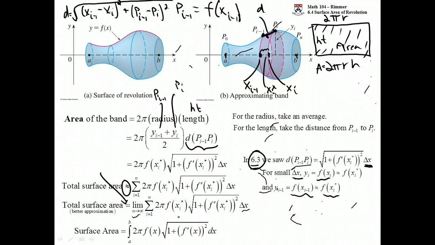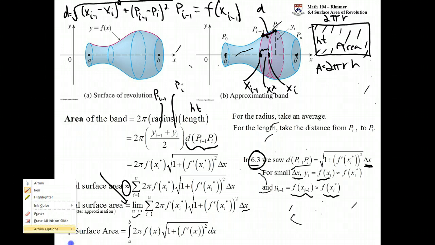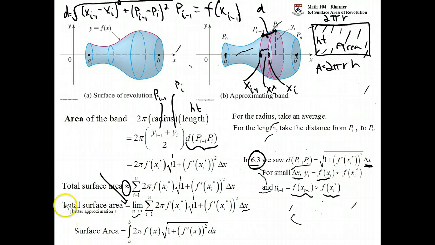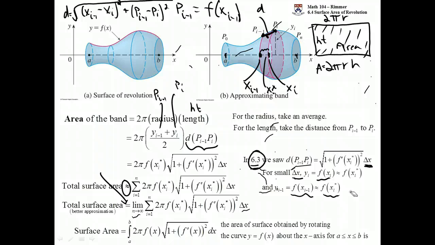And so this is the formula that will be true as long as you're setting it up this special way, where you have this function that is above the x-axis here in the first quadrant. It doesn't have to be, but we're revolving around the x-axis, and this is the formula you would use in that case. So it'll be the area of the surface obtained by rotating the curve y equals f of x about the x-axis between a and b.